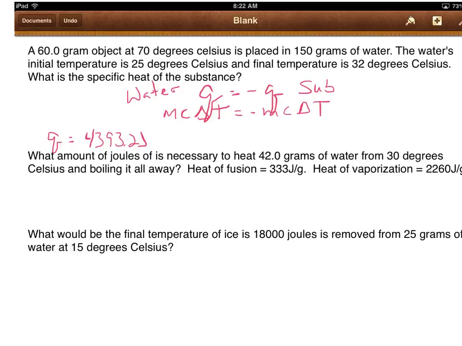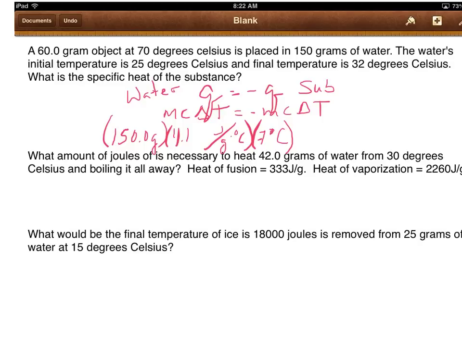Then we do the same thing we did before. We plug all the values in, so we have for the water 150 grams, specific heat of water is 4.184 joules per gram degree Celsius, delta T for the water was 7 degrees Celsius, and that's going to be equal to the negative 60 grams.